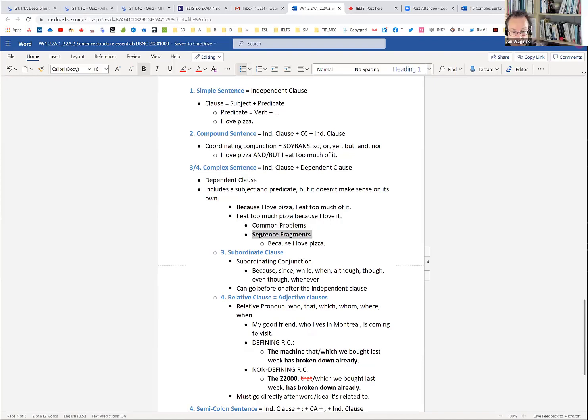Right? And in your writing, I'll put SF. This is half of an idea. Because I love pizza, so what? What's the main idea? What's the concluding idea?